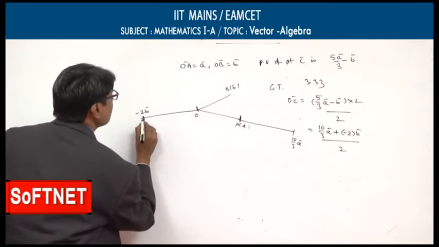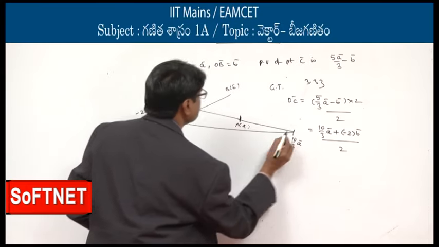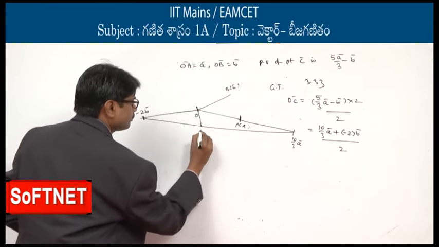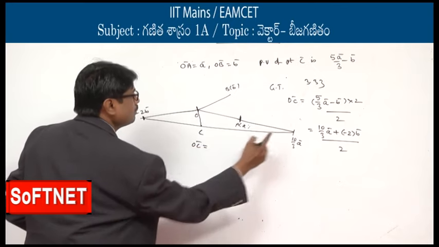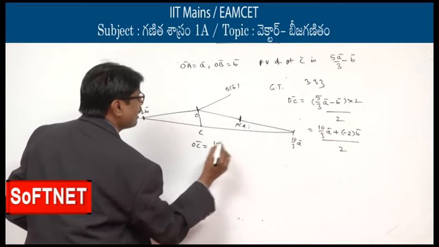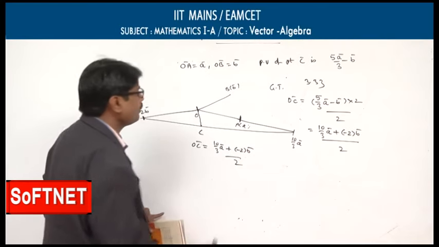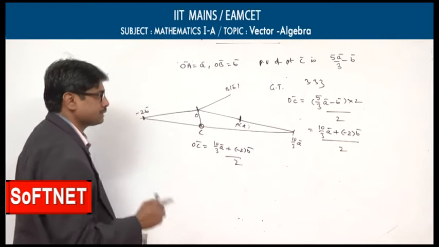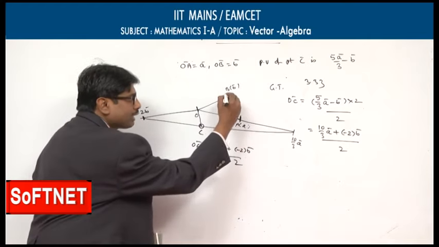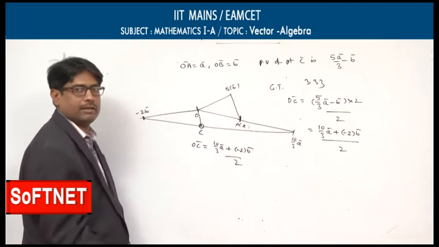And you take the midpoint of these two. So OC bar is equal to 10 by 3 times A bar plus minus 2 times B bar, divided by 2. Now tell me what will be the location of this C with respect to the triangle AOB and angle AOB.